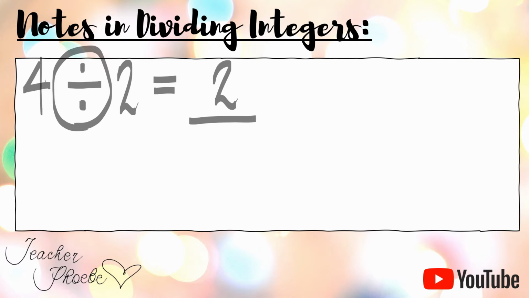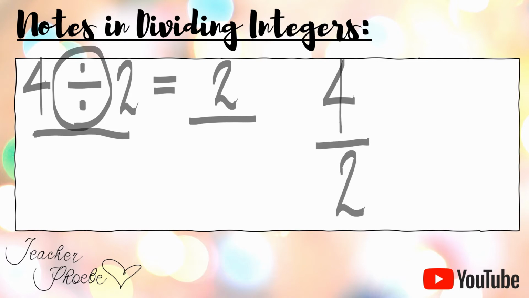So, ang makikita na ninyo madalas kung binigyan kayo ng 4 divided by 2, you will see a fraction form like this, where there is a numerator and there is a denominator. So, kapag nakakita kayo ng ganito, you are asked to find the quotient. And the quotient of this is 2 kasi nga nag-divide kayo.